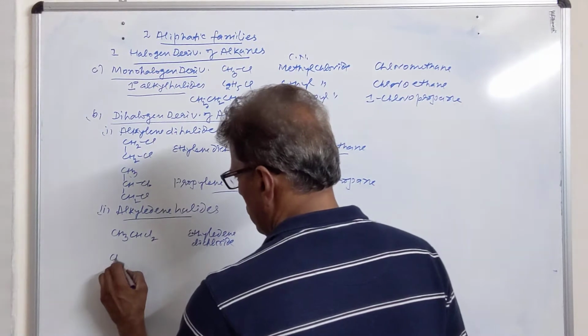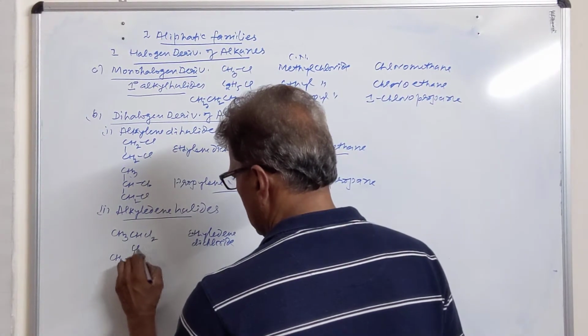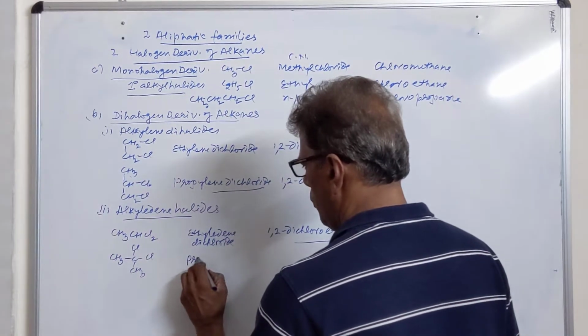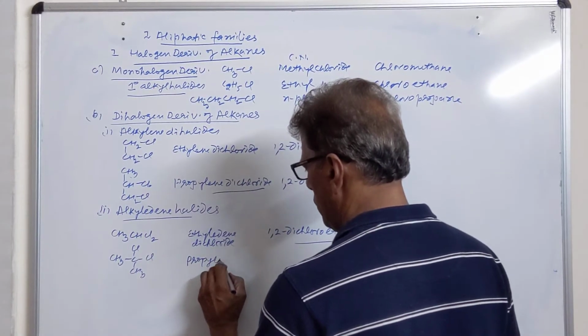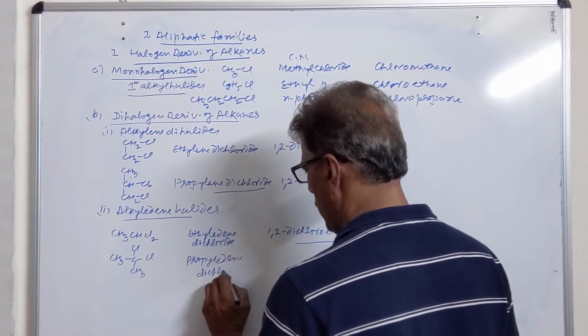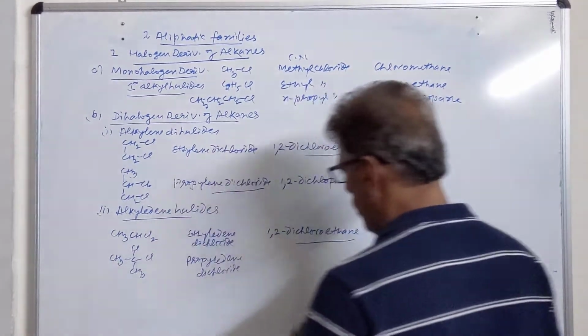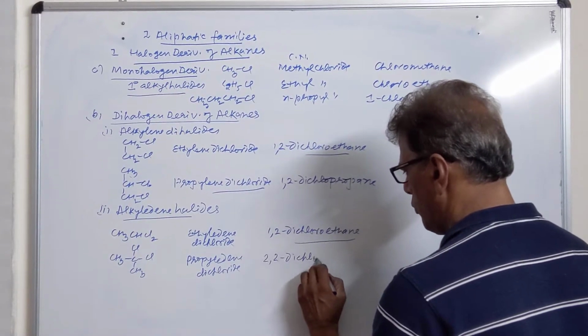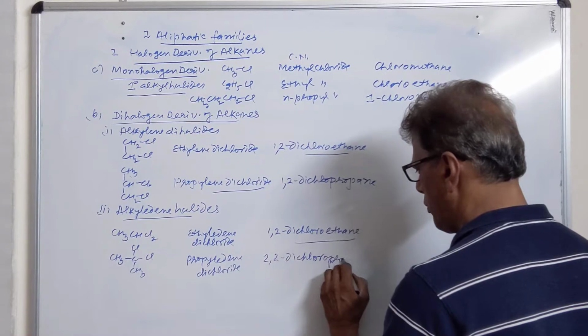Then we have CH3CCl2CH3. This is propylidene dichloride, or chloride only, or this is 2,2-dichloropropane.